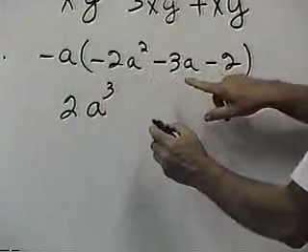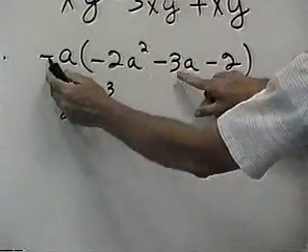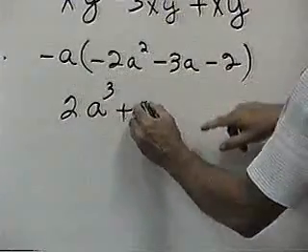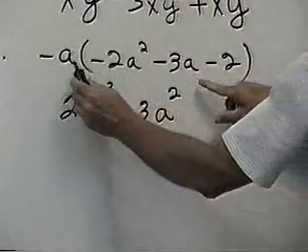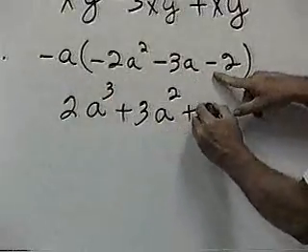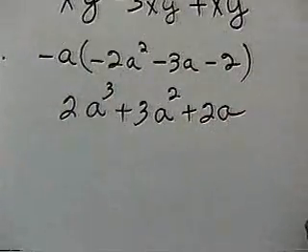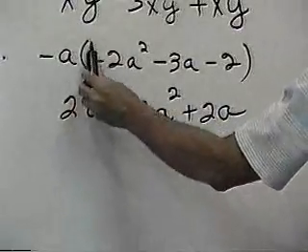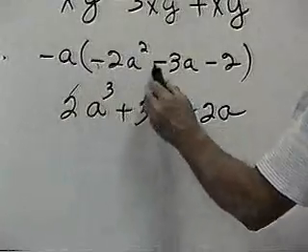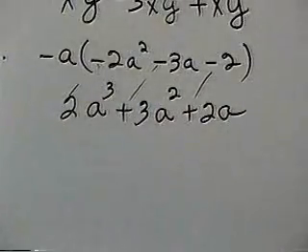There are 3 of them. Then minus times a minus is a plus 3. A times a is a squared. And then minus times a minus is a plus 2a. Again, when you have a minus out in front that you're multiplying, when you remove parentheses, it changes the sign of everything inside.